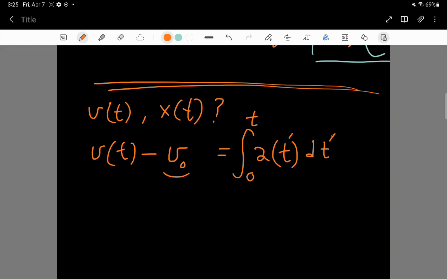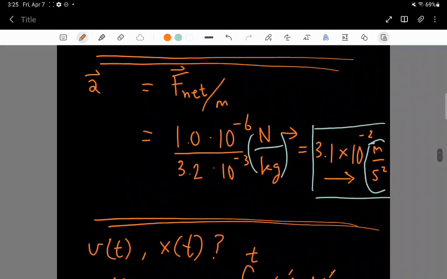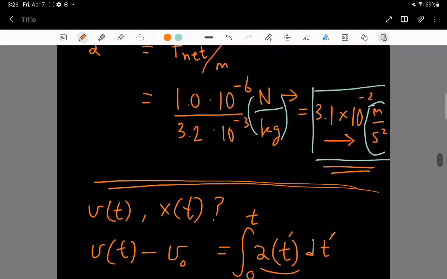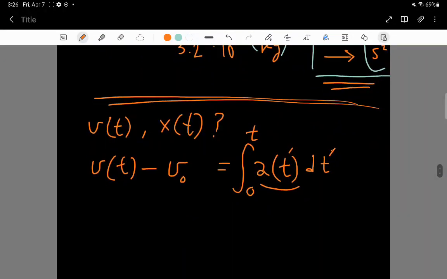So, let's cut to the chase a bit. So v of t, if you do the integral, a of t prime is actually independent of t prime. There is no time dependence. It's just this number here, 3.1 times 10 to the minus 2 meters per second squared towards the right.